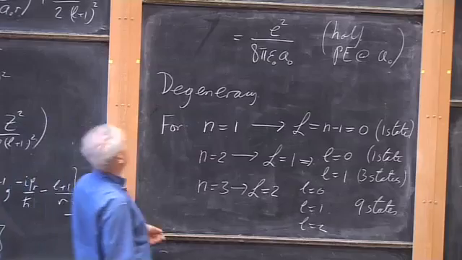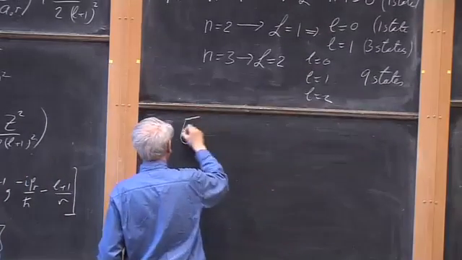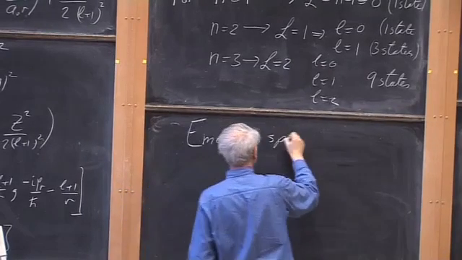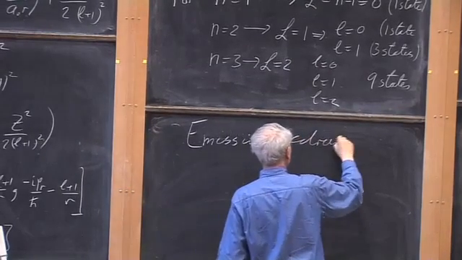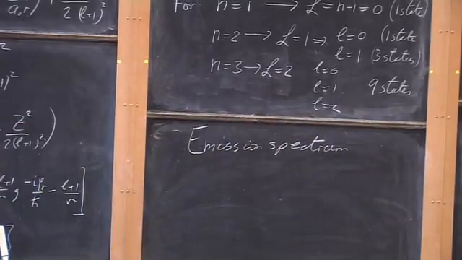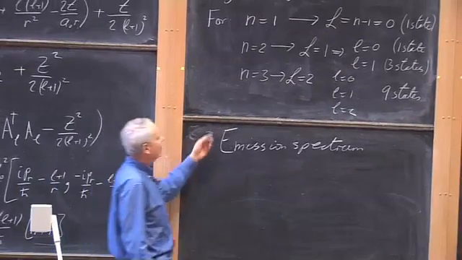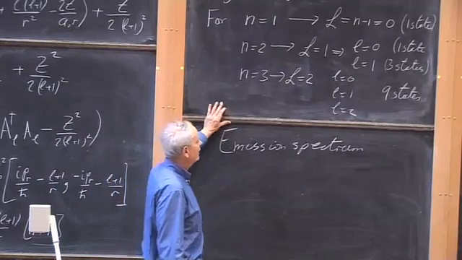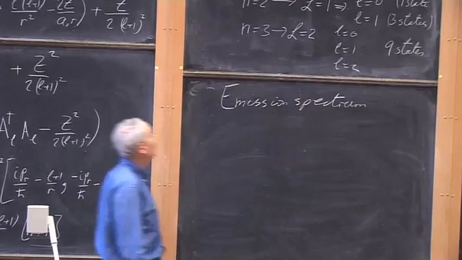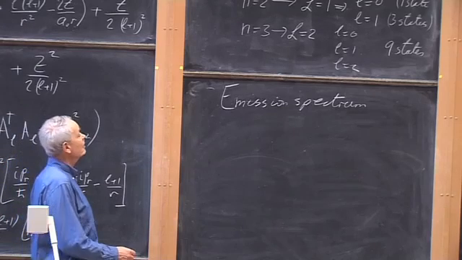What does this have to say about experiments? Stick some hydrogen atoms in a vessel and pass an electric current through and get the electrons knocked out of their comfort zone, and you will get photons coming out at discrete frequencies.